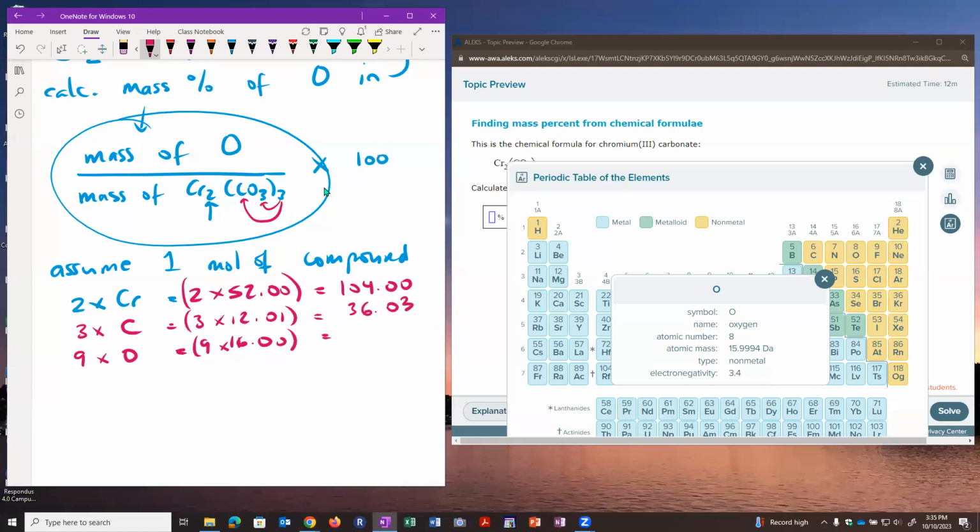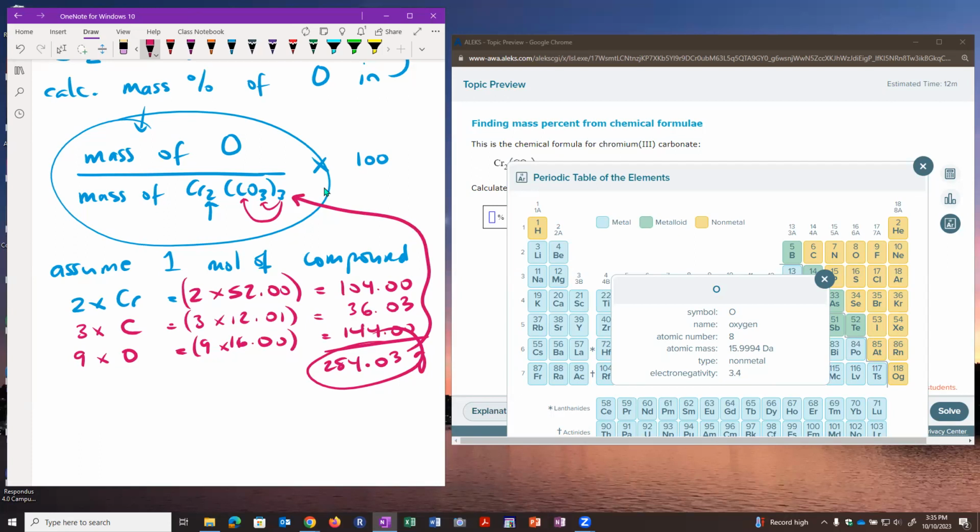And we have 9 times 16, which is 144. Okay, so we add these together and we get 284.03 grams. That's the molar mass of our compound, and that is the total mass of 1 mole that would go in the denominator.